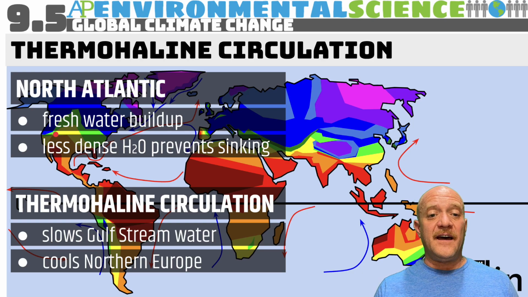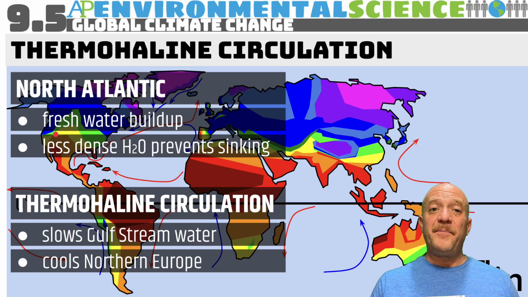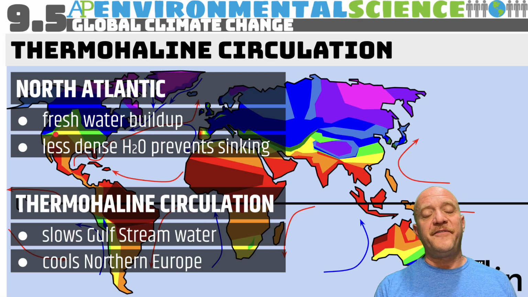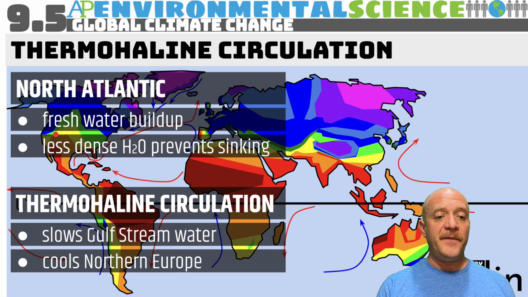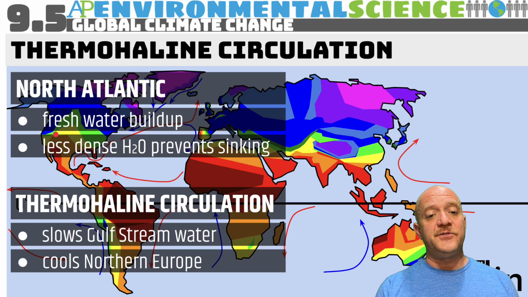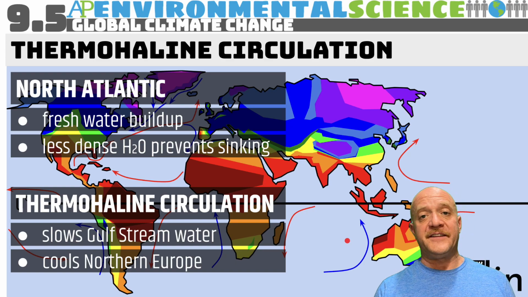So with the glaciers that are melting on land in Greenland, it is building up in the North Atlantic, and that is preventing the water from sinking because the fresh water is less dense. So this is going to affect the Gulf Stream water, and it is going to actually cause cooling to Northern Europe because some of these water currents are not going to be flowing, because there is not going to be as big of a difference in temperature to really drive this circulation.